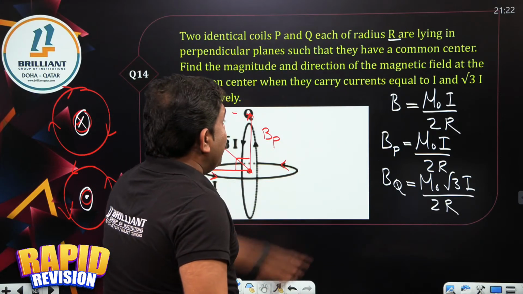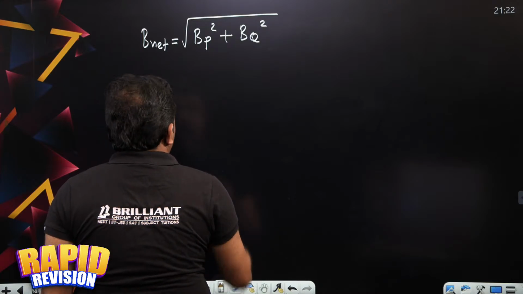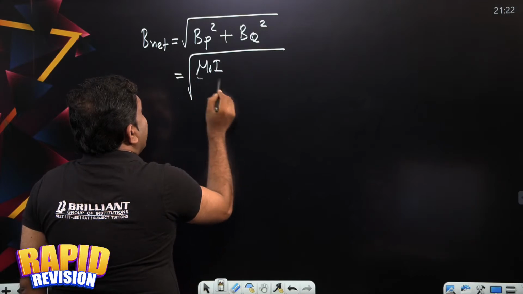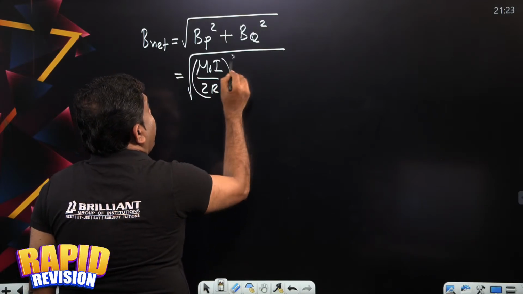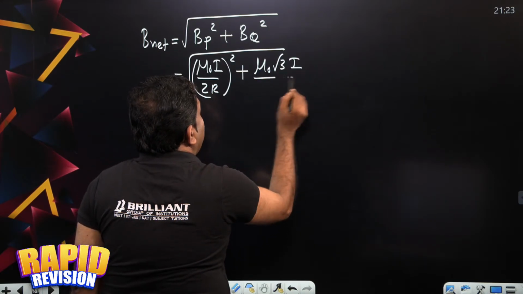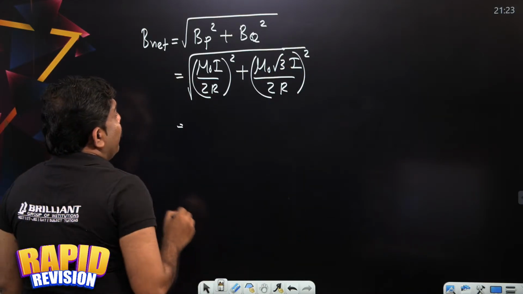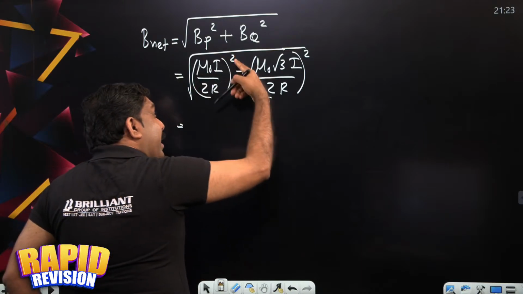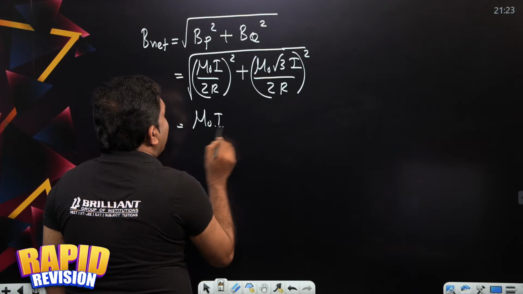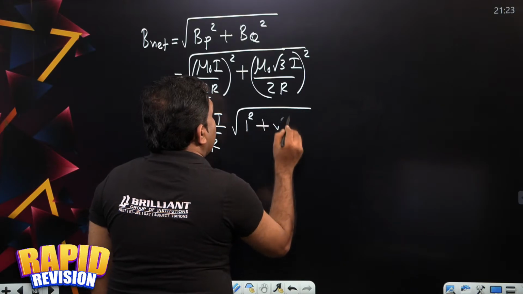These values are there, so I can write that it is root of BP, which is mu naught I by 2R, the whole square, and BQ, which is mu naught into root 3 I by 2R, the whole square. Here we can take the common term outside, mu naught I by 2R, root of 1 square plus root 3 square.